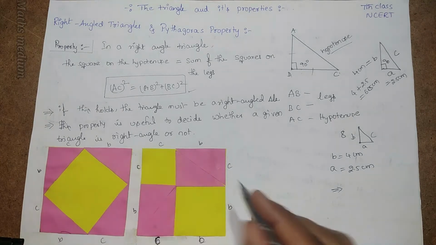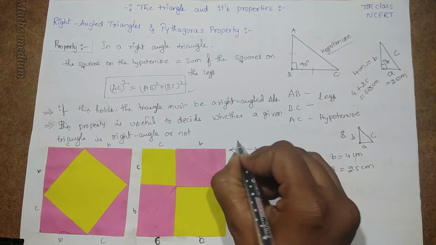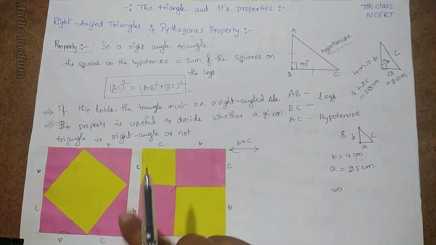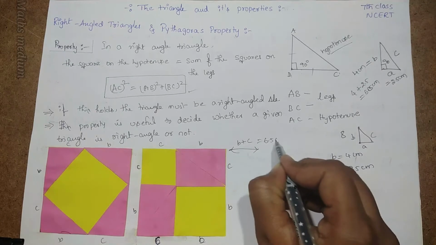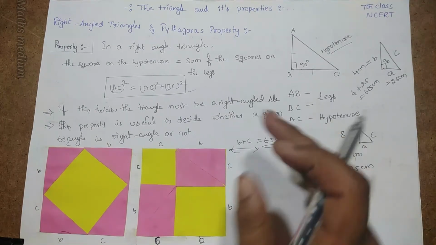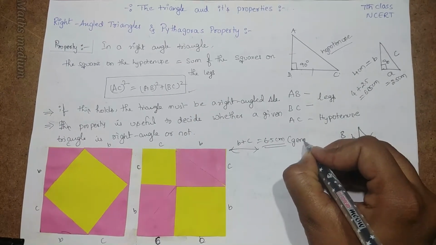See, here we take one length of this square as B plus C. In a square all sides are equal in length, that is B plus C is equal to 6.5 centimeters. I took it generally, it is not exact for a right angle triangle.